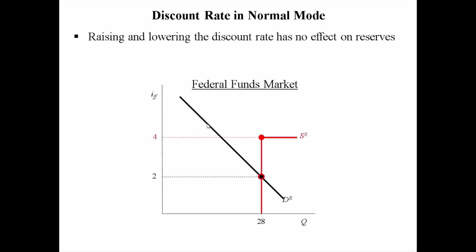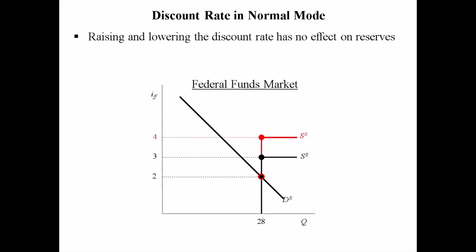If, before it raises the discount rate, demand were to increase out to here, then the federal funds rate would rise up and equal the discount rate, because now it would be a binding price ceiling. In normal mode, where the demand for reserves crosses the vertical section of the supply curve, the discount rate is a non-binding price ceiling.